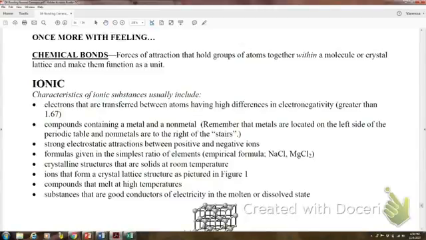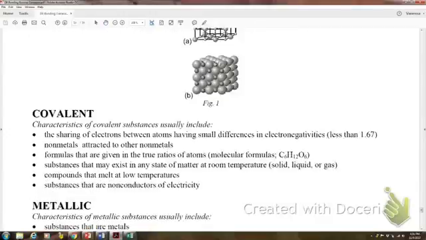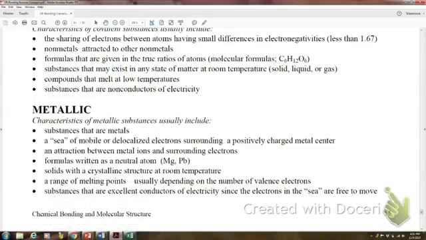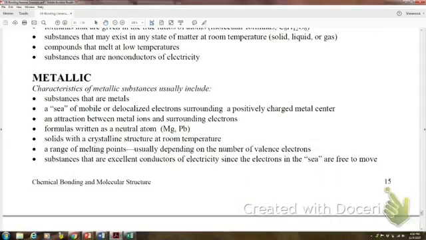One thing that I do want to make note of is that compounds that are ionic have higher melting temperatures, and that they're crystals. They are stronger than covalent bonds, so make sure you know that. And then there's some characteristics of covalent bonds listed here, and then also some characteristics of metallic bonds, because I don't think we actually talked about the characteristics when we were talking about the bonding, so there's a good recap.